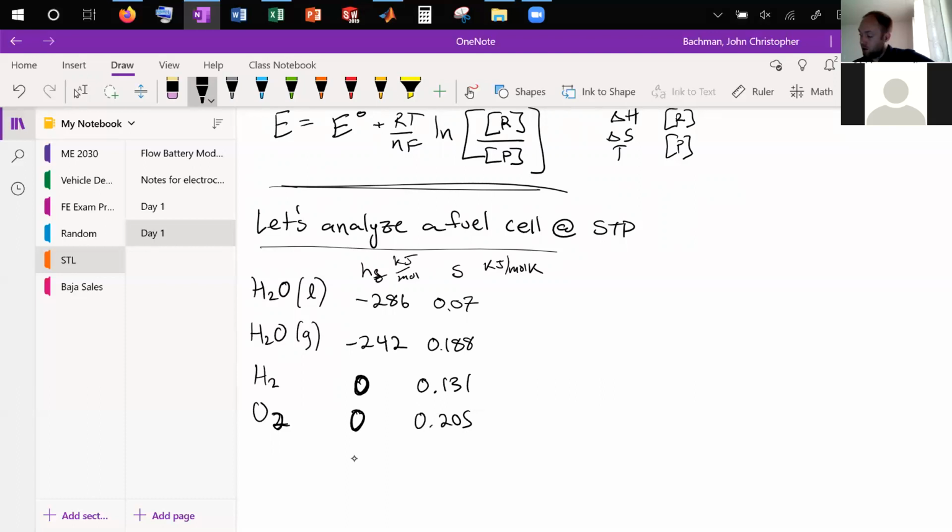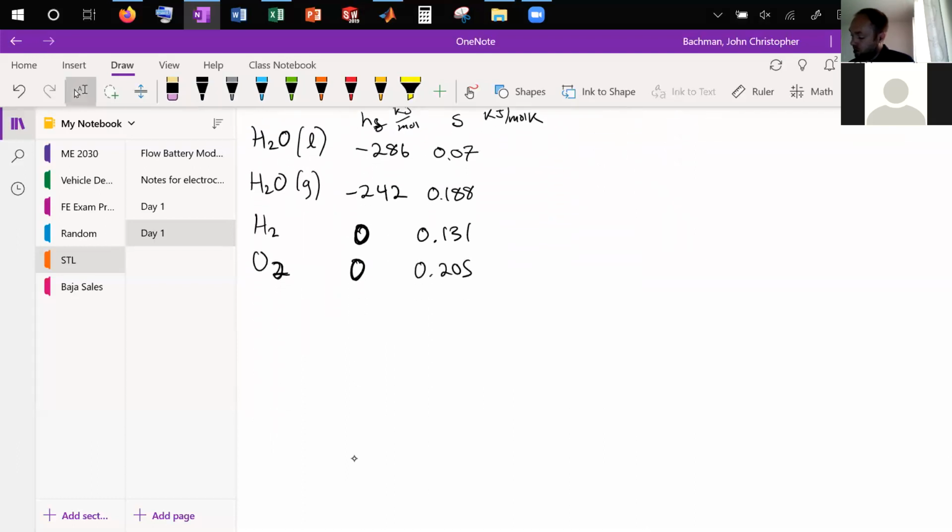So I'm going to give you some of these values. And what we're going to want to work to do is calculate V at H2O being liquid and gas.